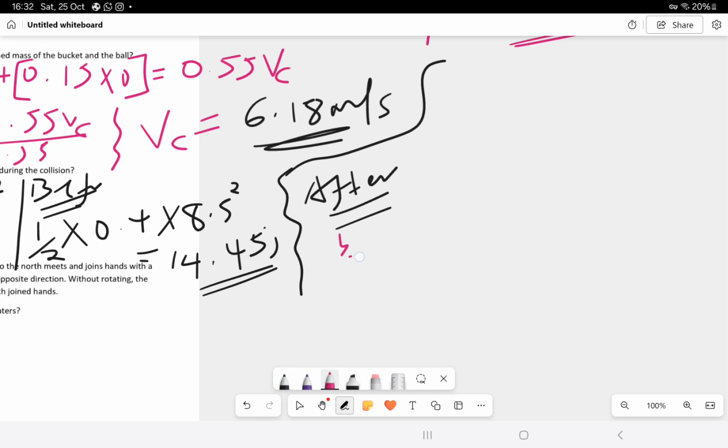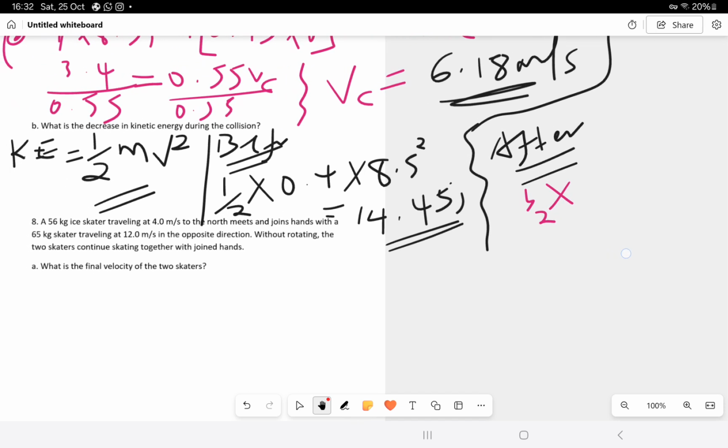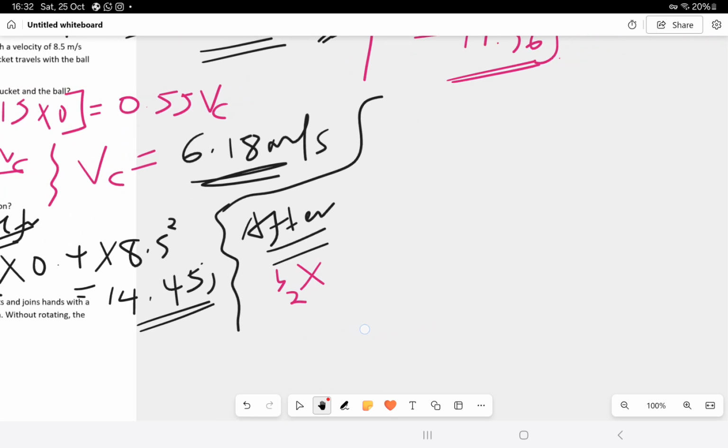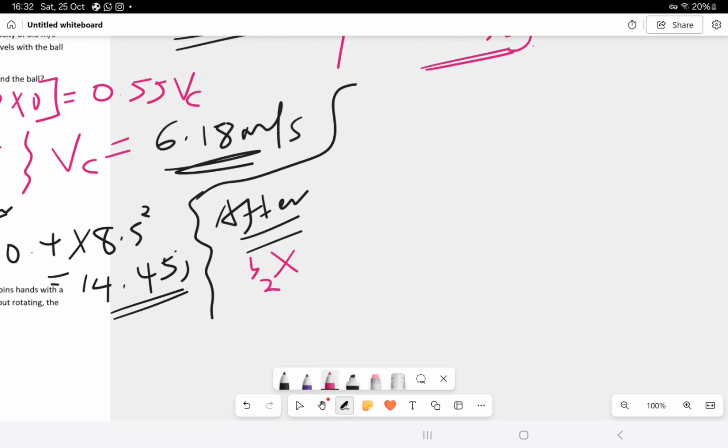So it's a half times the mass. What was the mass? The mass was 0.55, correct? When they combined, 0.55 times, what is the velocity? The velocity in our case is 6.18 squared.